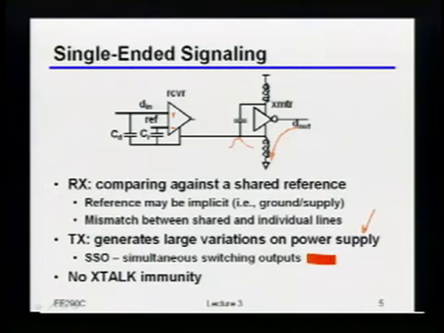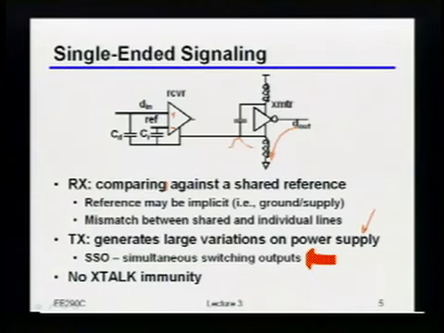This particular thing is a big enough issue that people came up with its own name. Usually they call it SSO, which I believe is simultaneous switching outputs noise. The idea here is, imagine you had a big bus of signals. Let's say you had 30 or 40 of these inverters, each one driving 20 or 30 milliamps instantaneously. You can imagine if they all happen to transition the same way at the same time, there's a big, huge glitch of current, and a big, huge movement of the entire chip relative to the ground.